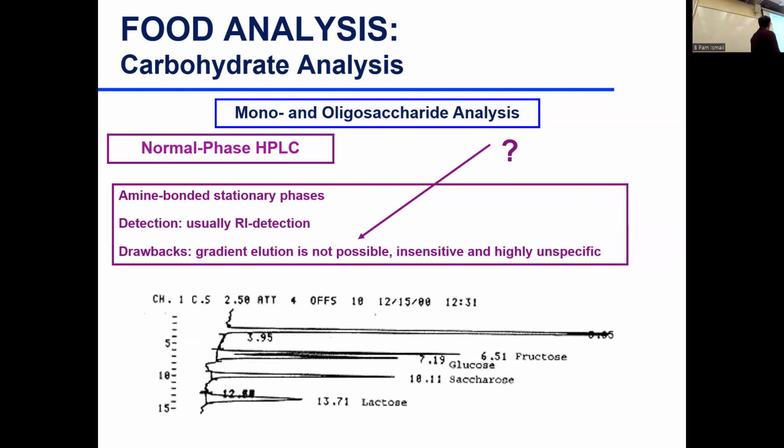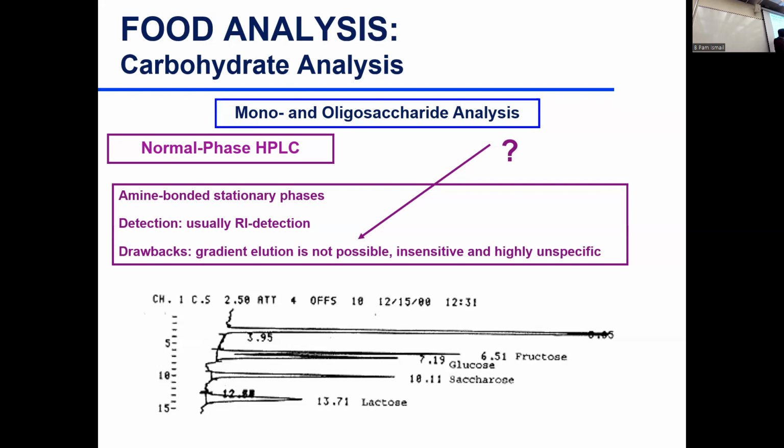So the detection usually is with refractive index detection. Do you remember why we cannot use gradient elution with refractive index? It's when the light passes through different mobile phases, then it will change the refractive index.